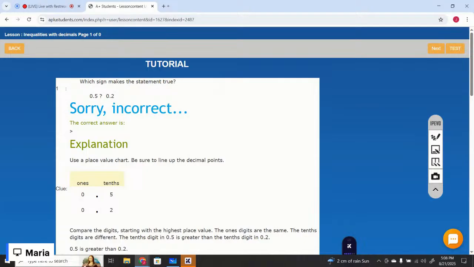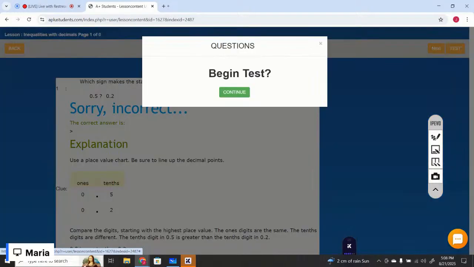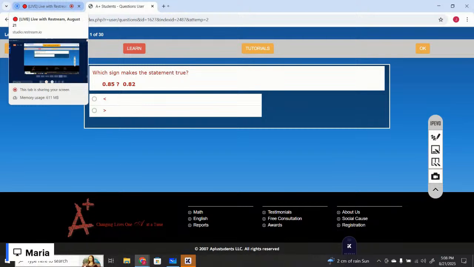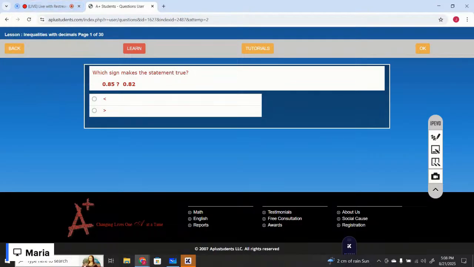Let's start with the test questions. Which sign makes the statement true? 0.85 and 0.82.